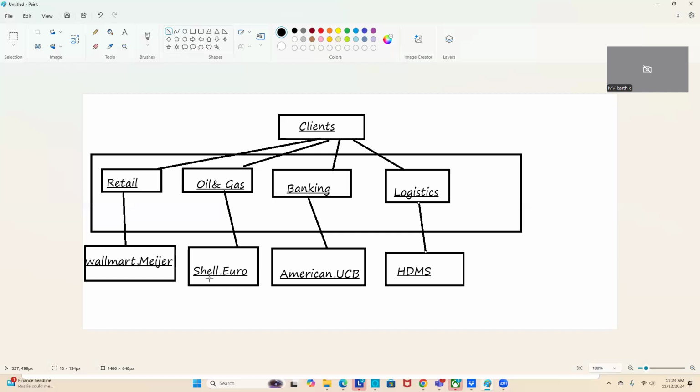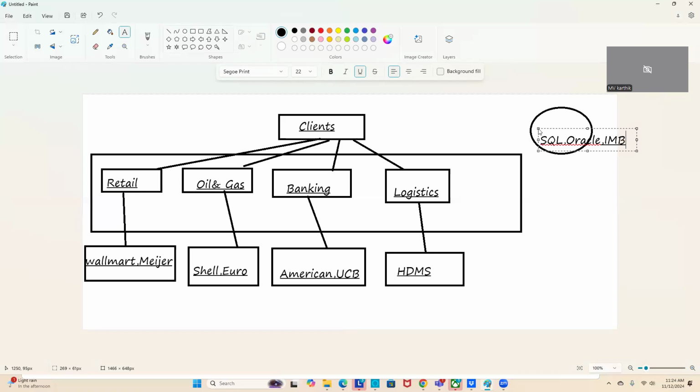So companies keep whatever financial data they are processing up to date, and it is stored somewhere. That storage area is SQL or any storage platform. Not only SQL; you can use Oracle or IBM DB2, anything could be applied here.